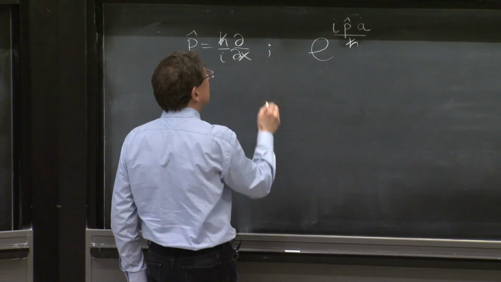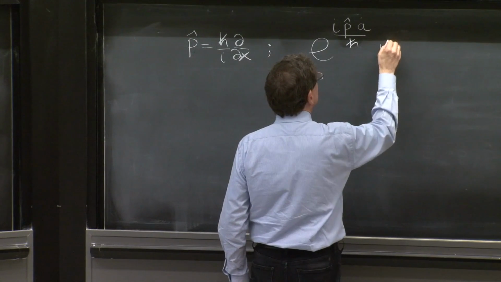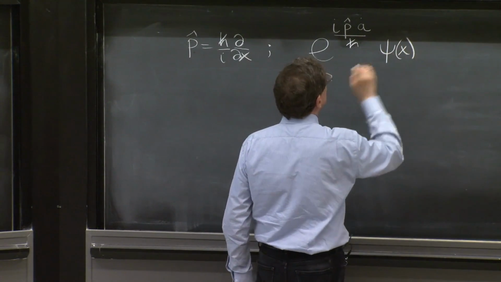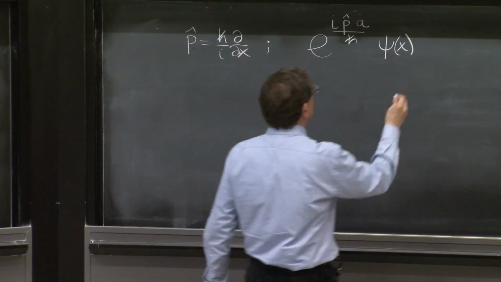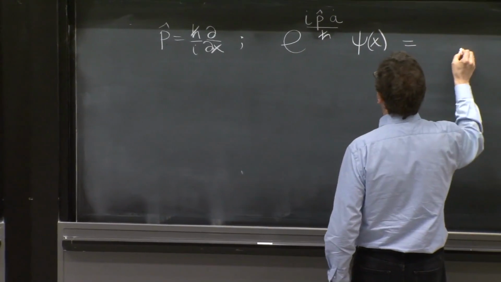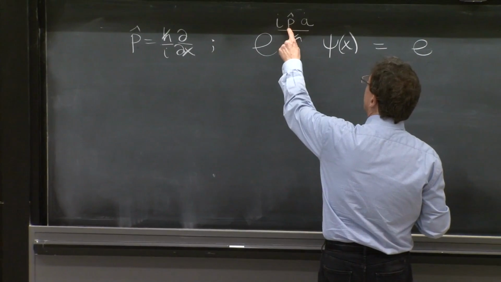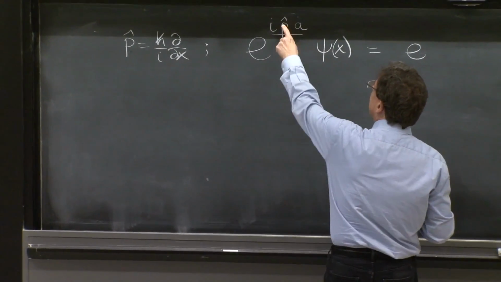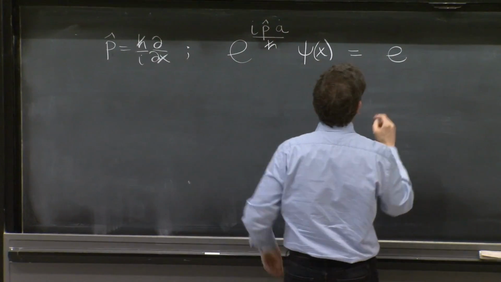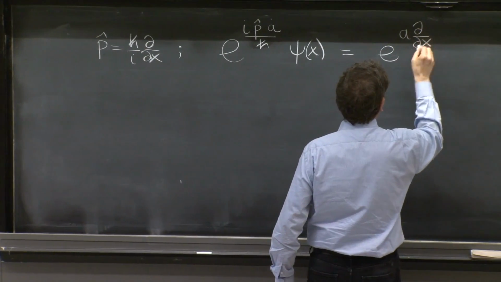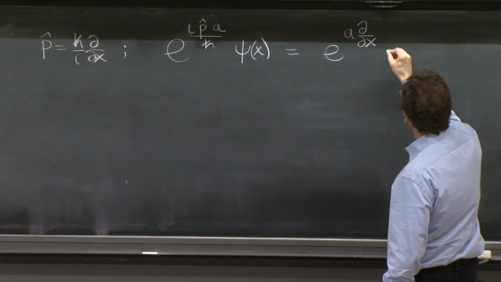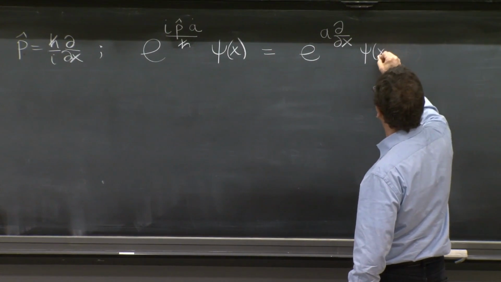And we can ask, what does it do when you act on a wave function? Simplify by putting what p is going to do. p is h bar over i d/dx. So this is like a d/dx exponentiated acting on psi of x.